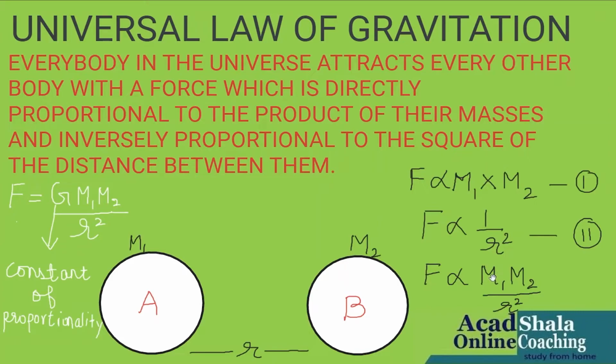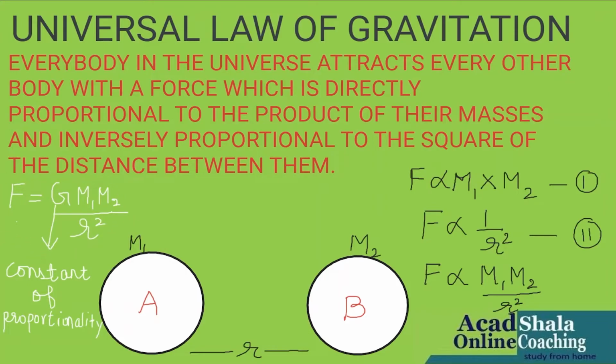Okay, after this, to remove this proportional sign, what do we do? We put G. And what is this capital G? G is known as constant of proportionality. This we have to put to remove this sign. So what I do? F is equal to G M1 into M2 upon R square.